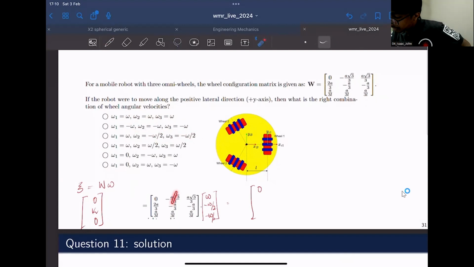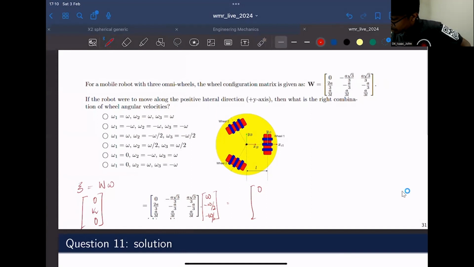Because these terms are identical, this is a positive term, this is a negative term. And if you multiply the second rows, what will that be?